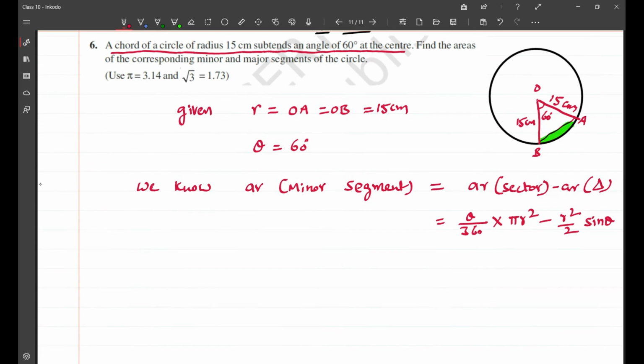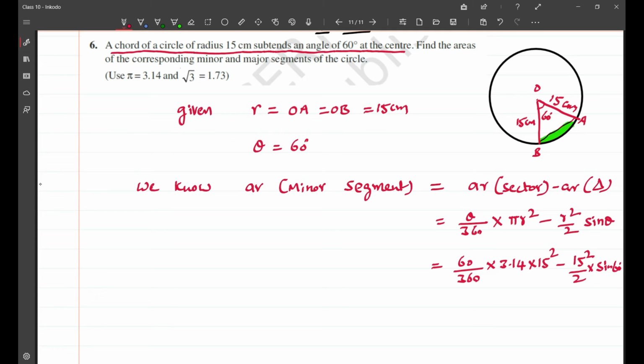Let's put the values. Theta is 60 degree, so 60 upon 360 multiply by pi value, we should take it as 3.14, r square, that is 15 square, minus 15 square upon 2 multiply sine 60 degree.